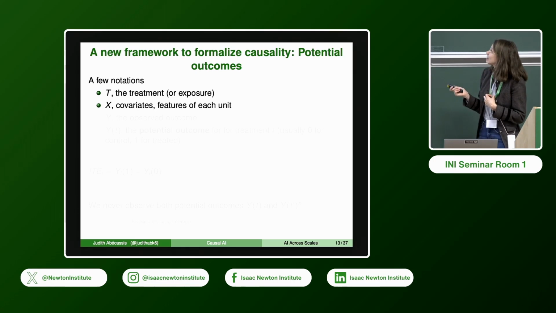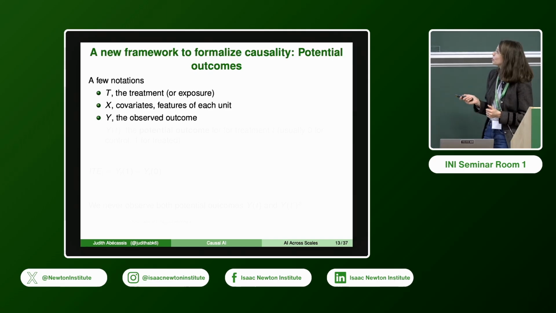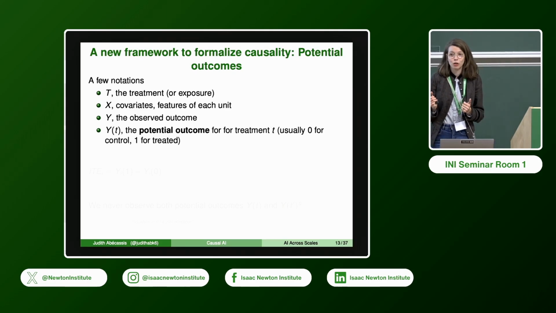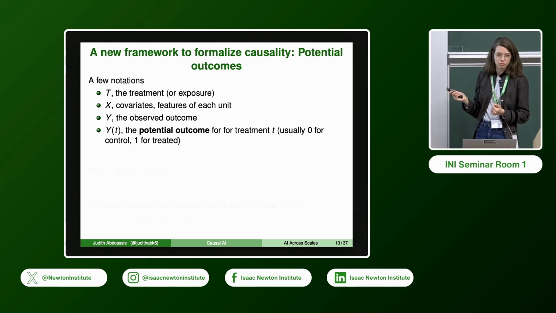The covariates, that are the features describing each unit. And we have Y, our usual target variable that we call the outcome, which is observed. And we are going to consider some variables that are unobserved, the potential outcomes, which are what would happen to the unit with a different value of the treatment.